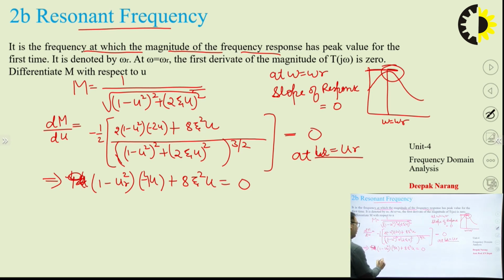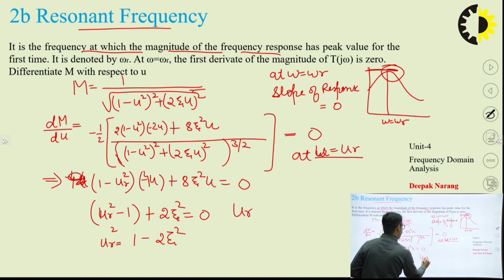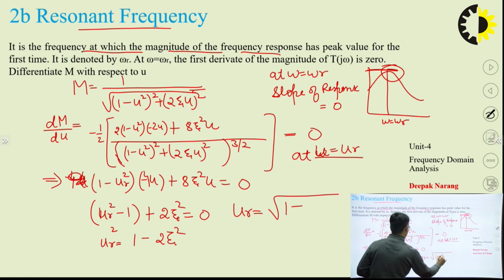By taking 4u common, we get u r square minus 1 plus 2 zeta square equal to 0, and we get u r equal to square root of 1 minus 2 zeta square. So the normalized resonant frequency is square root of 1 minus 2 zeta square.